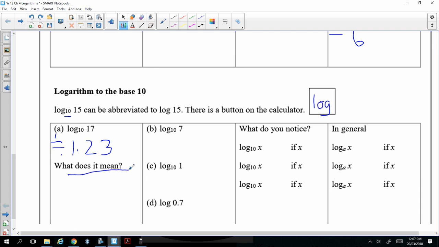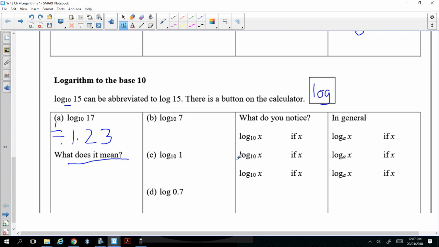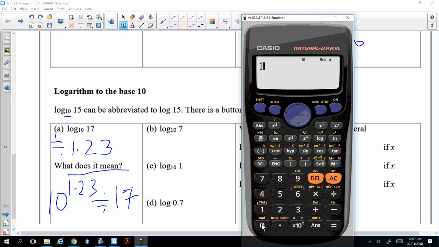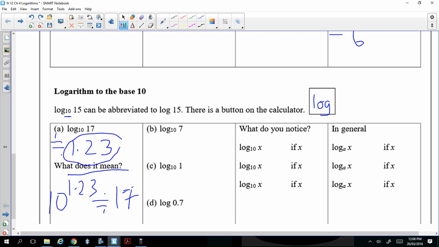It means that if I raise 10 to the power 1.23, I will get the answer 17, or at least close to 17. Let's check it on the calculator. If I go 10 to the power of 1.23, I get close to 17. So that's what log gives you. It gives you an index.